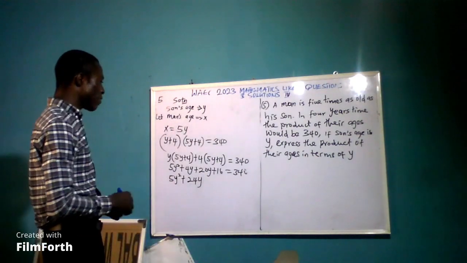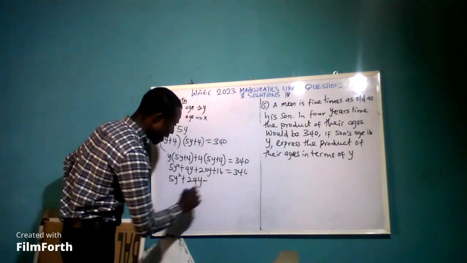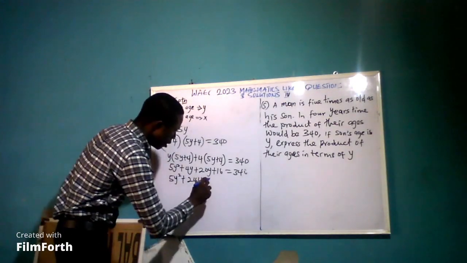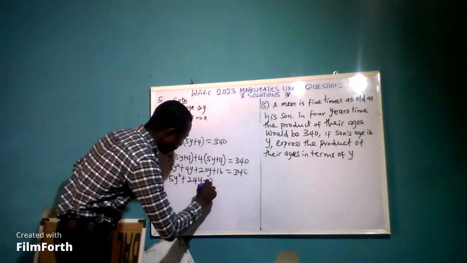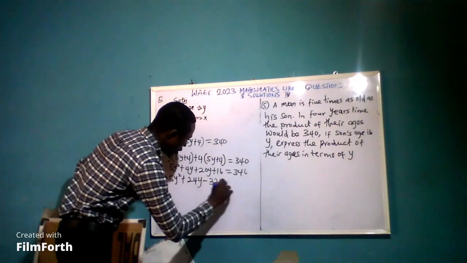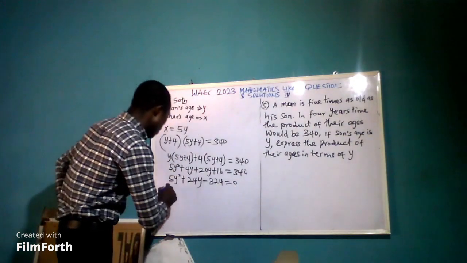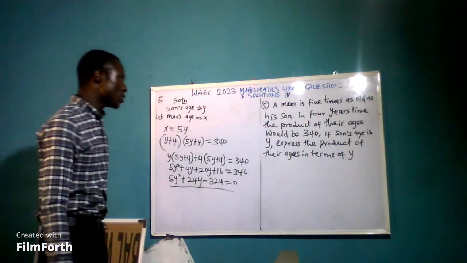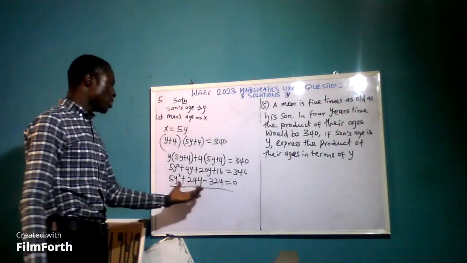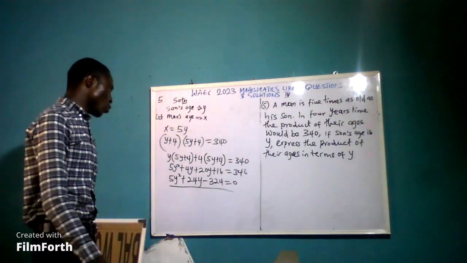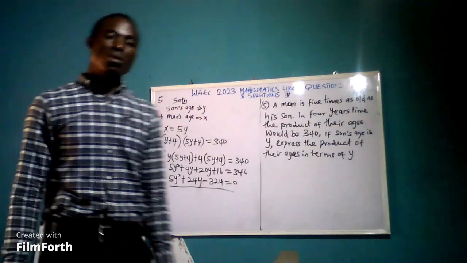So 16 minus 340 will give you minus 324, equal to 0. Writing the whole thing in terms of y will give us an equation that is a quadratic equation. Thank you so much.